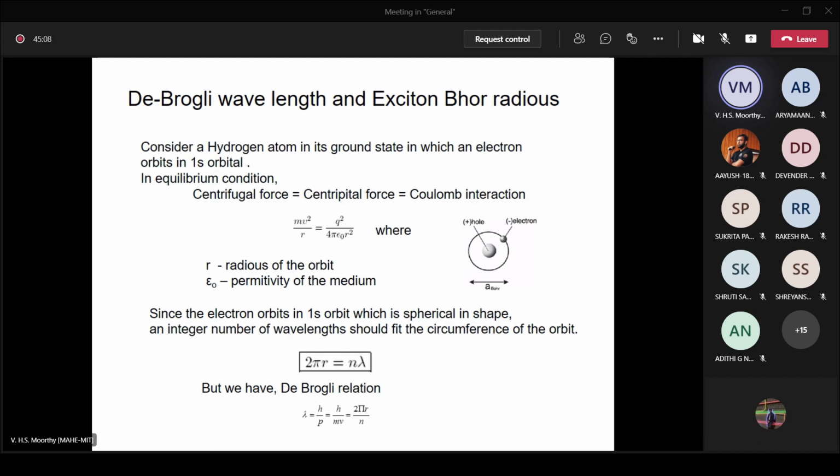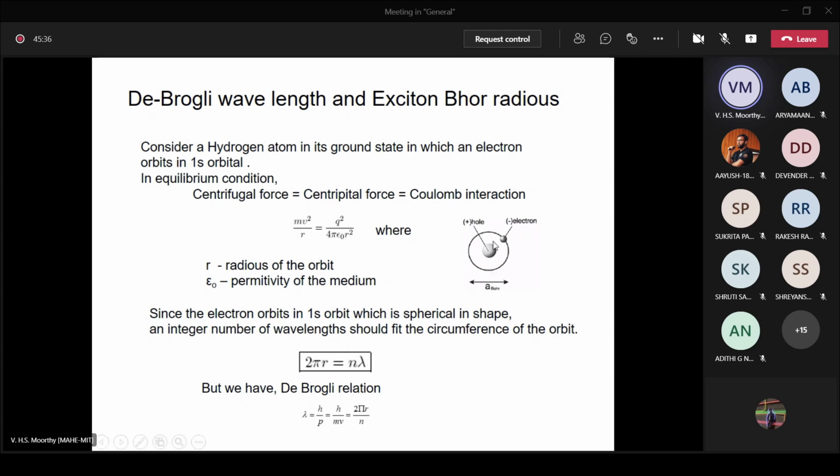That's why we call it the ground state. In an excited state, the electron need not be in the 1s orbital. It can be in a 2s orbital or 2p orbital or higher energy orbitals. But we don't want that situation. We want a simple ground state hydrogen atom.